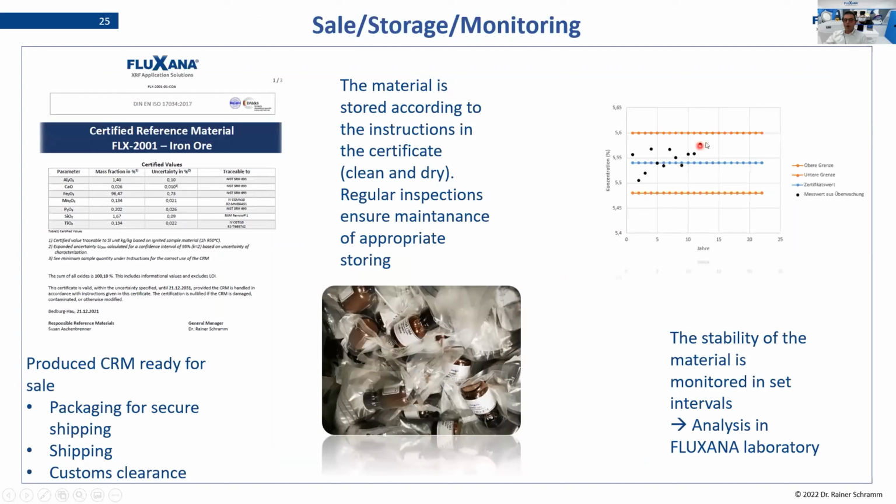When this point is going out, then of course we have to consider it as not stable anymore, and we have to inform our users, and first of all stop selling this material. Then we have to go back. Perhaps we can reissue a new certificate, but only if we can again establish stability for the future. So we have to go back in our process and reevaluate the stability to take a decision if we can still sell this material in future with a new certificate, or we have to take it out of the market forever.